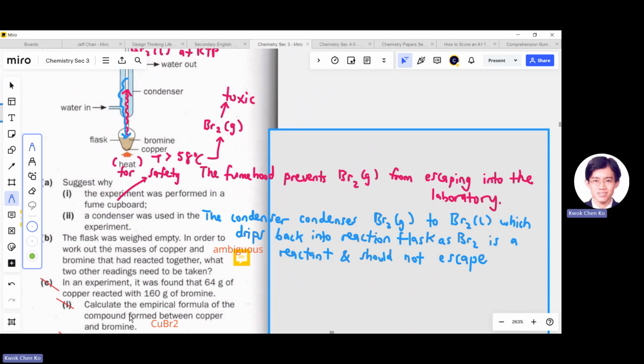So that is the main consideration when you have a condenser on top. But of course, there's a secondary consideration, which is the safety. Again, you want to minimize escape of bromine vapor. The condenser helps, even though it depends on how you set it up. It may not help 100% with regards to the safety aspect.